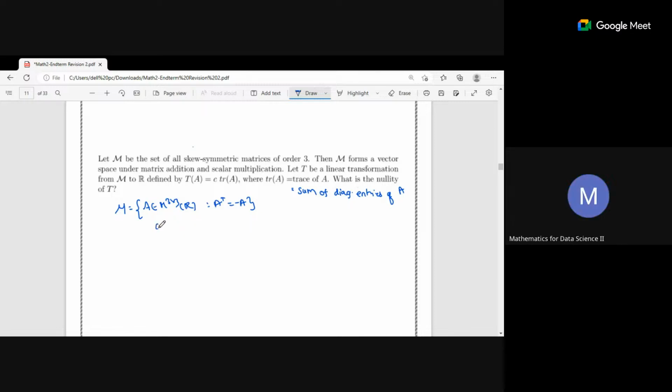Why is that so? Because you have a_ji is equal to minus a_ij. Right? So you have A transpose. So this is there for any a_ij. In general, when i is equal to j, that is for diagonal entries, a_ii is equal to minus a_ii. It means a_ii is equal to 0. Okay. So for a skew symmetric matrix, we always know that the diagonal entries are 0.